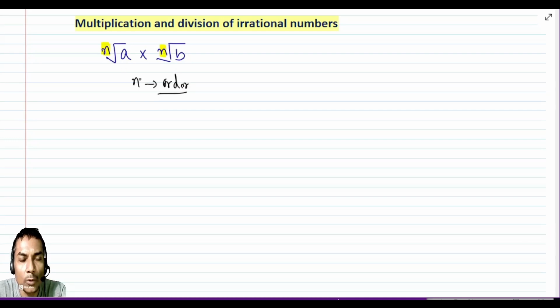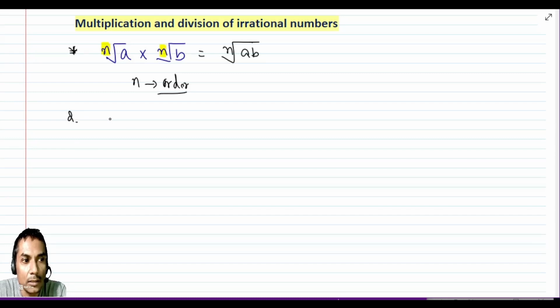When this order is the same, as it is here, you can do the next step. Clear? You can do the multiplication. Otherwise it is not possible. So it is very, very important. So let's take one example.